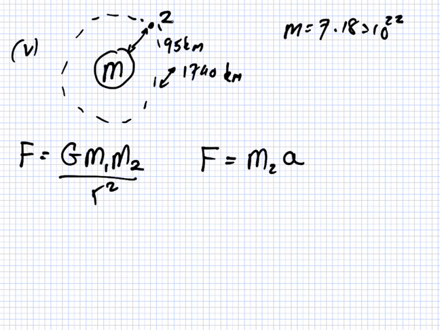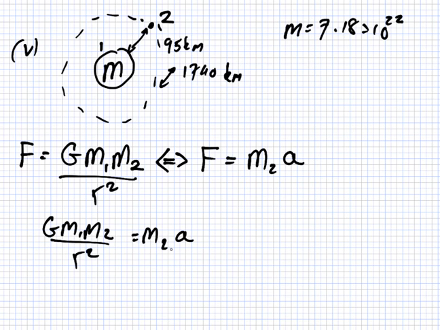This is the spaceship, 2 and 1. So if I make these equal, I get G M1 M2 over r squared equals M2 a. What's the letter for the a? Acceleration. Yeah. M2 and M2 cancel. So I get acceleration equals GM over r squared.